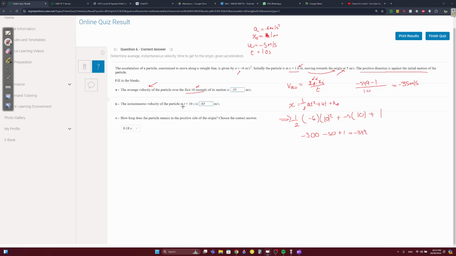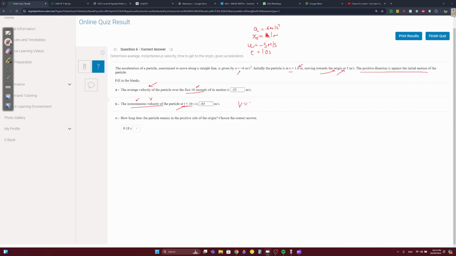What's the instantaneous velocity at t equals 10 seconds? When they say instantaneous velocity, we want to find v. At t equals 10 seconds, the easiest one is v, especially when you have everything.